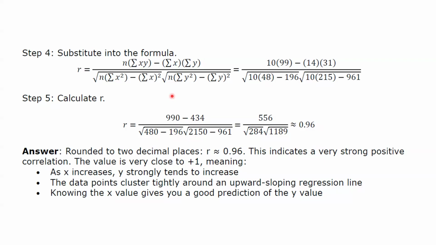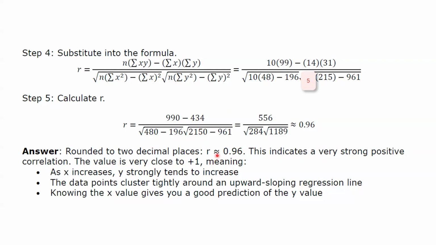The second quantity is n times the sum of y squared minus the square of the sum of y. That's 5 times 215 minus 961, which equals 114.